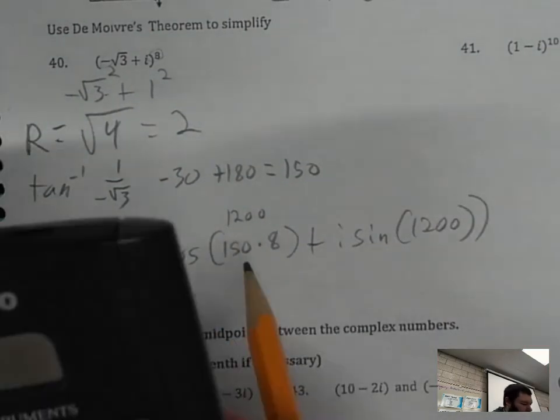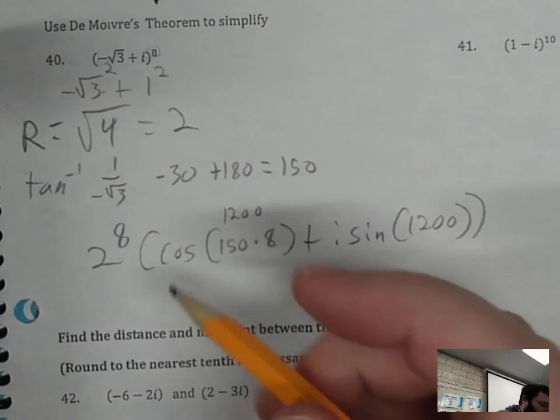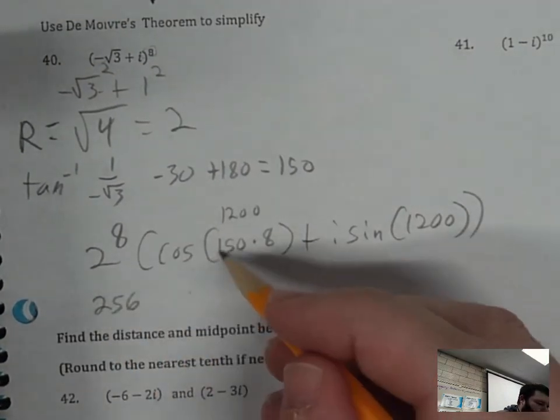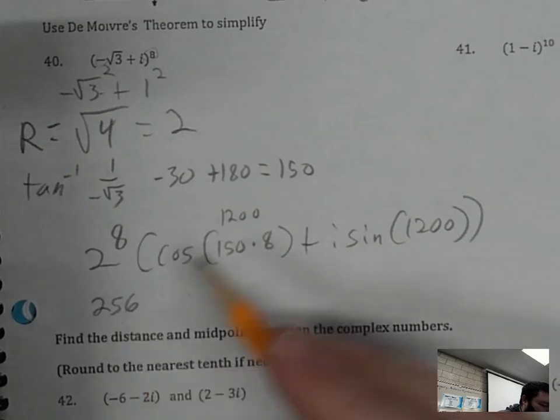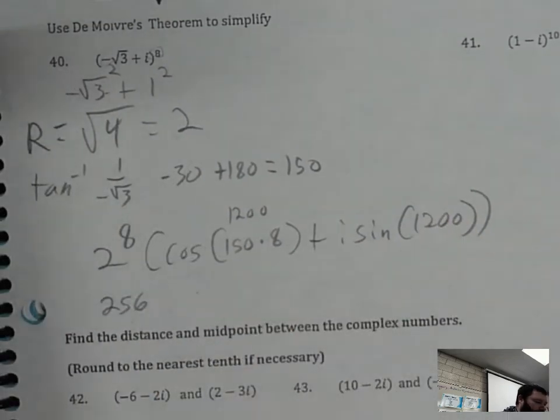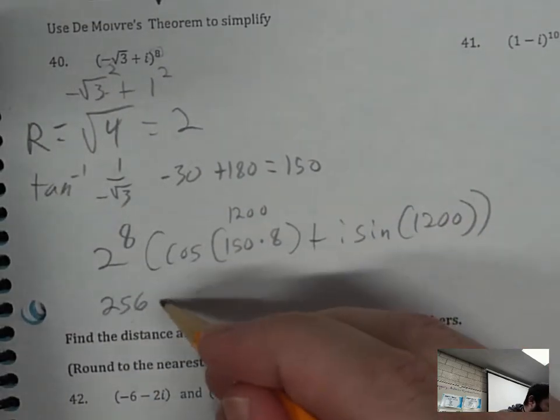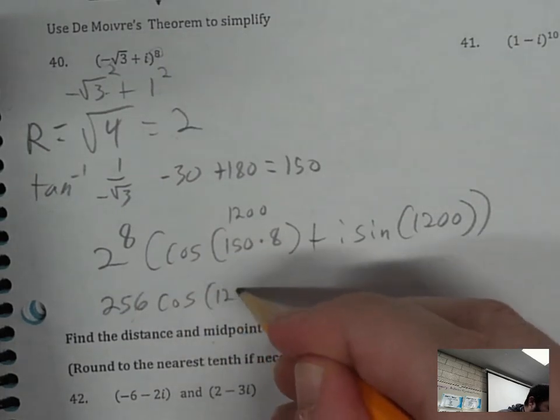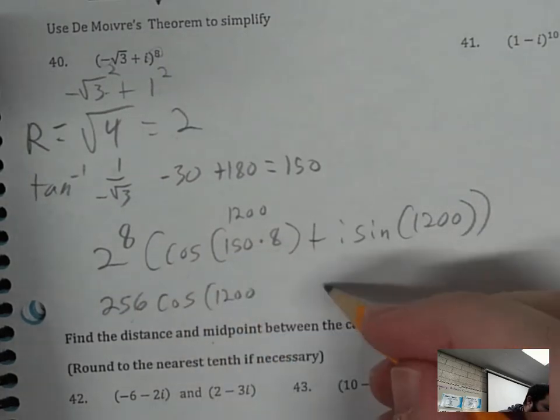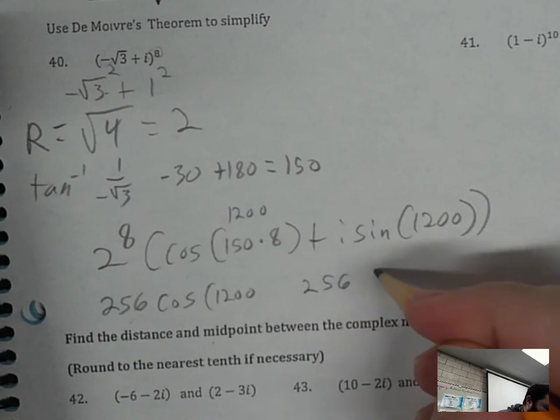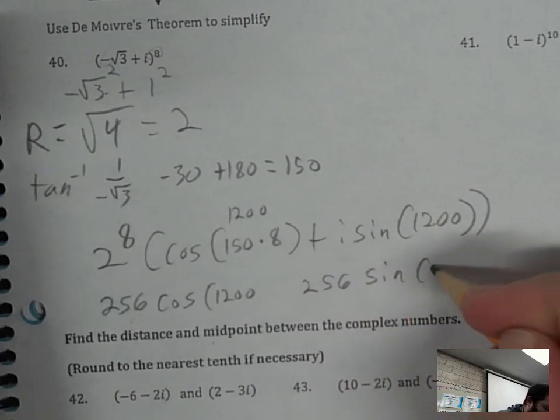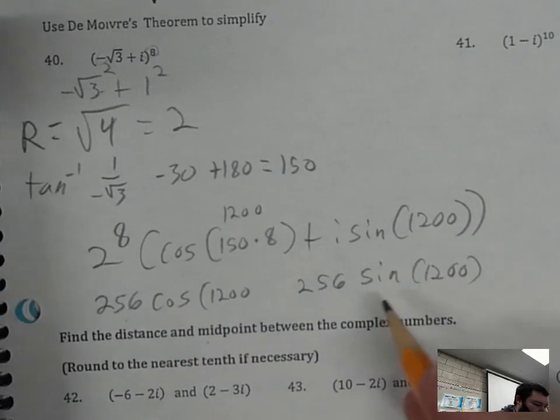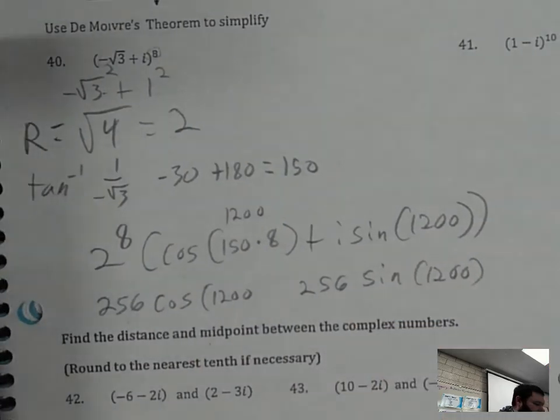Okay? And then 2 to the 8th power is 256. So basically, I'm distributing 256 to the cosine of 1200, and then 256 to the sine of 1200. In fact, I'm going to write that down. 256 times the cosine of 1200, and then 256 times the sine of 1200. Okay? And that'll give me the complex number.